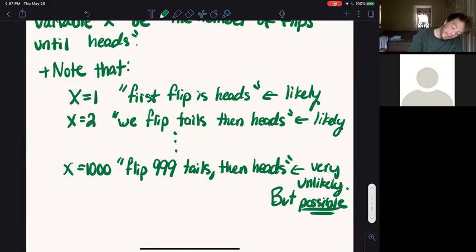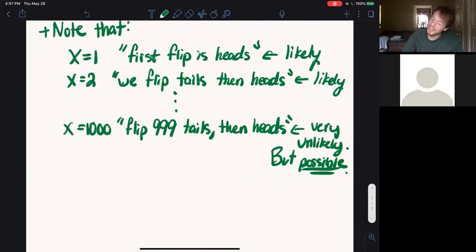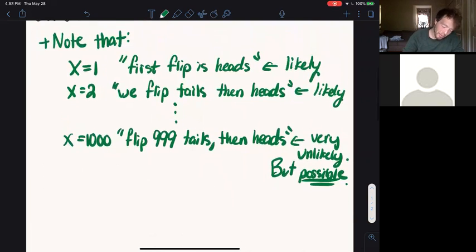I wouldn't expect this to happen, but certainly if Lady Luck smiles on you, that could just be what happened. And I should put another one right here because we wouldn't necessarily stop at 1,000. 1,000 is so unlikely, maybe we wouldn't even assign it a positive probability, but it could still happen. And we have to figure out a probability distribution that accounts for all of these different scenarios.